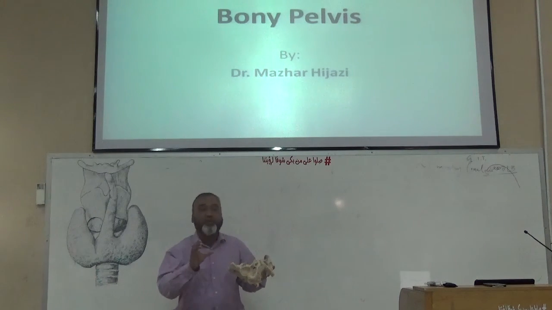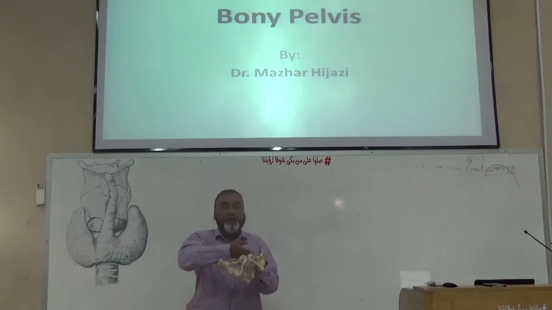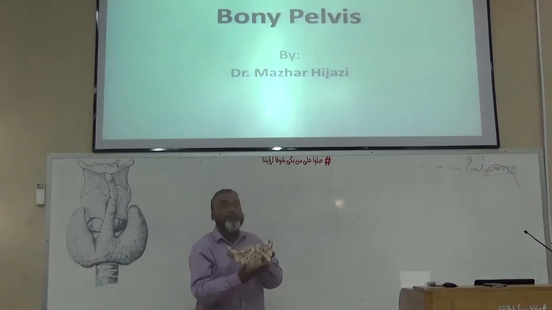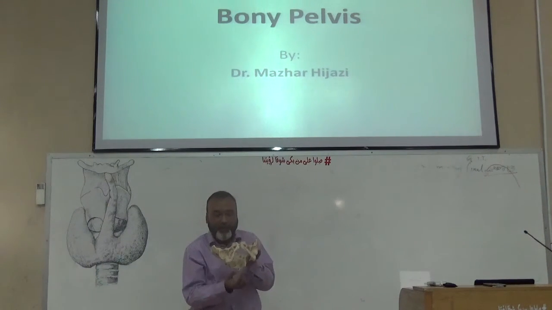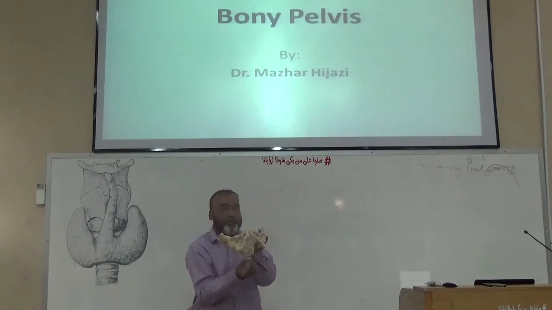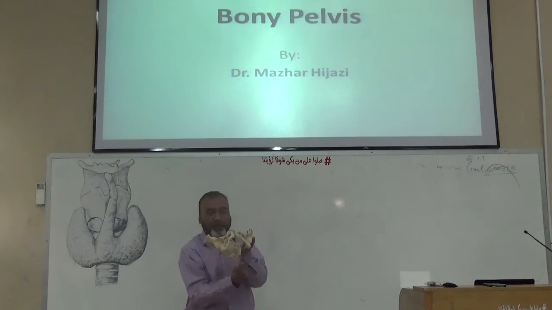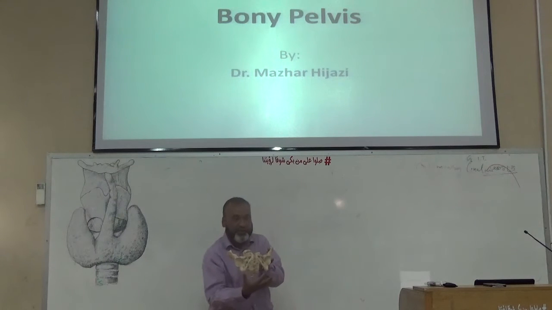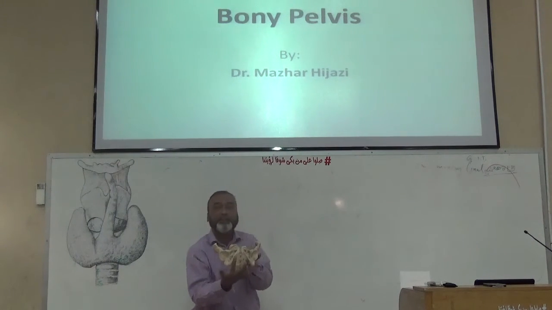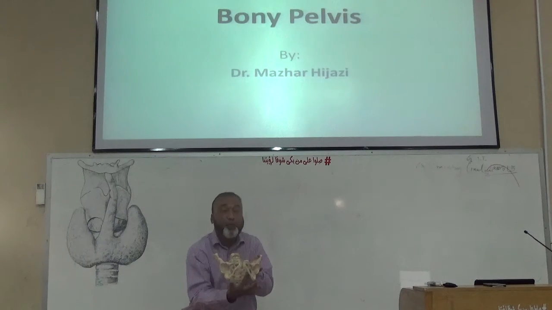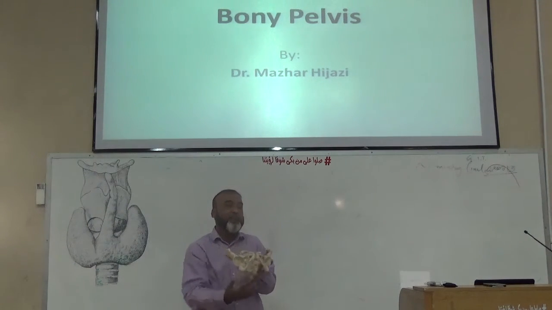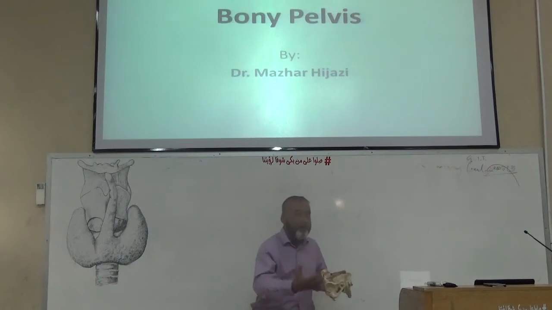Now in the lower part, you can see the extent of the pelvic cavity. Upper, it extends up to the line named the pelvic brim. And below, if you draw a line to join the tip of the coccyx posteriorly, the ischial tuberosities, and anteriorly the pubic arch, this part forms a boundary named the pelvic outlet.